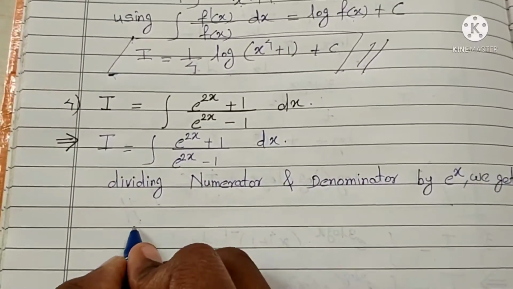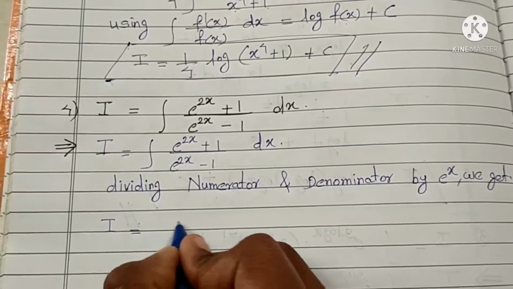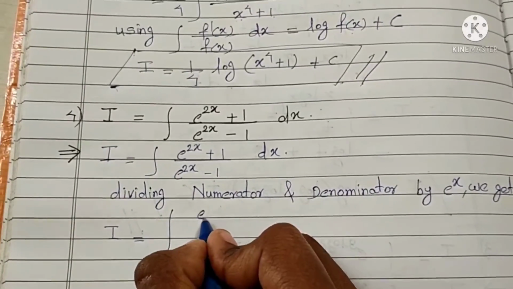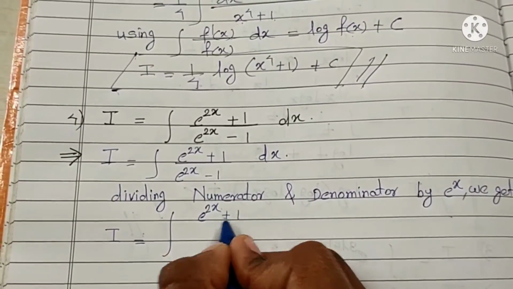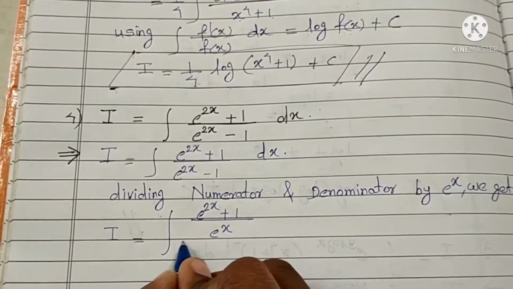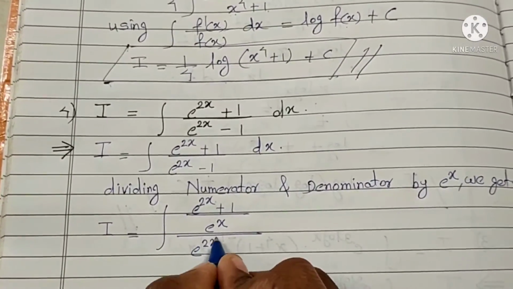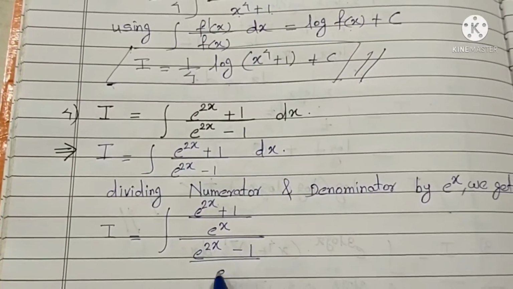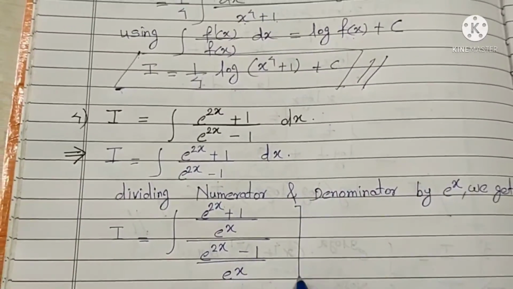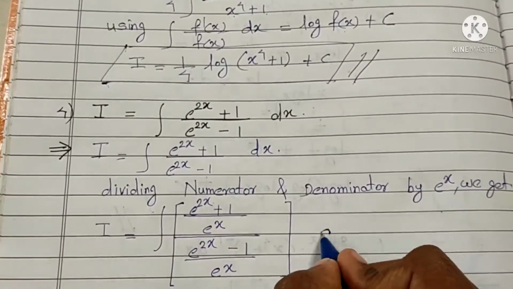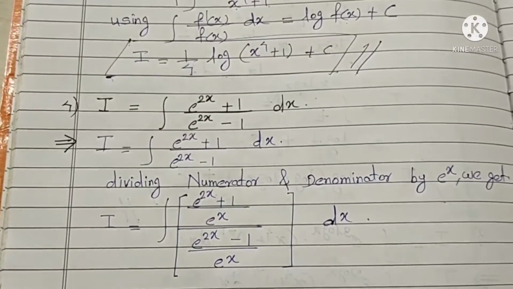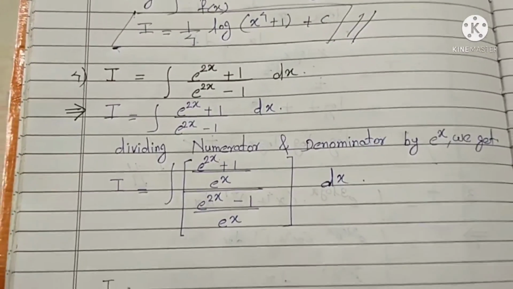So dividing, I is equal to integration of e raised to 2x plus 1 upon e raised to x, this is e raised to 2x minus 1 upon e raised to x dx. So here I is equal to next step.